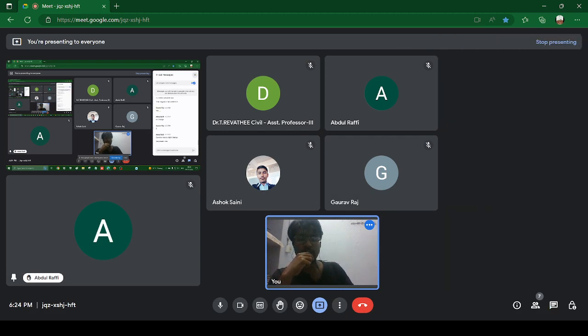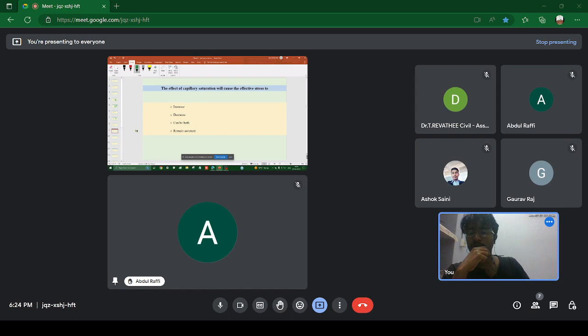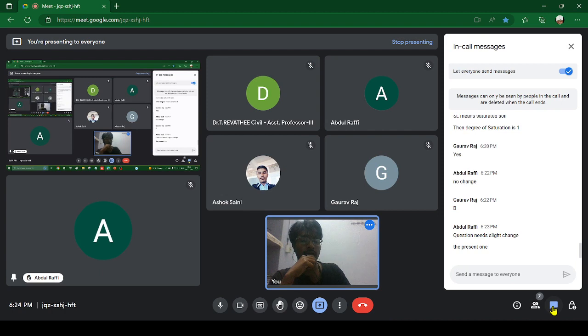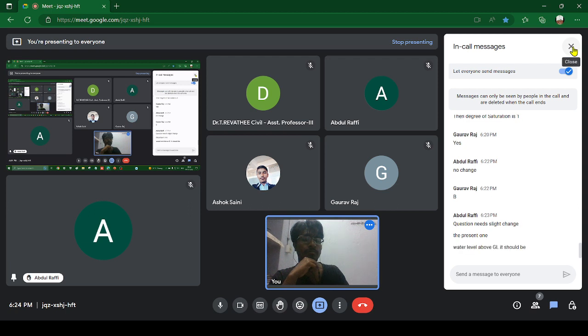What is the change you need? This one, water level in the lake or tank rises. What is the change you need? You write the entire thing in a single line, don't write one by one. Water level above ground level, it should be.